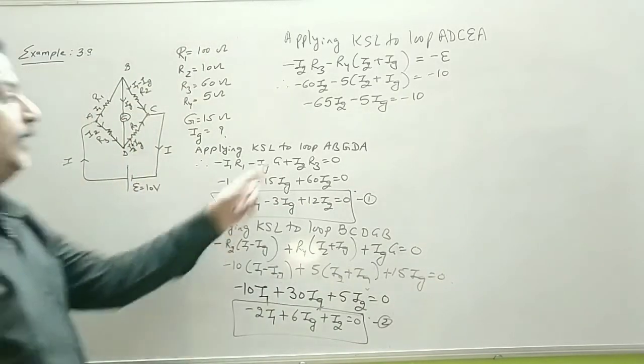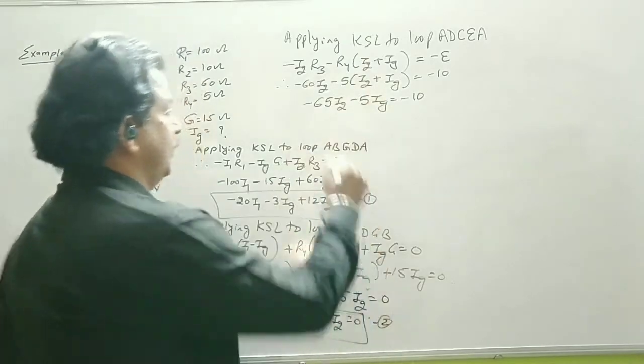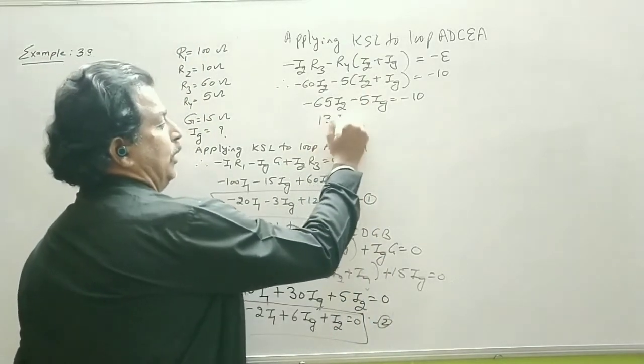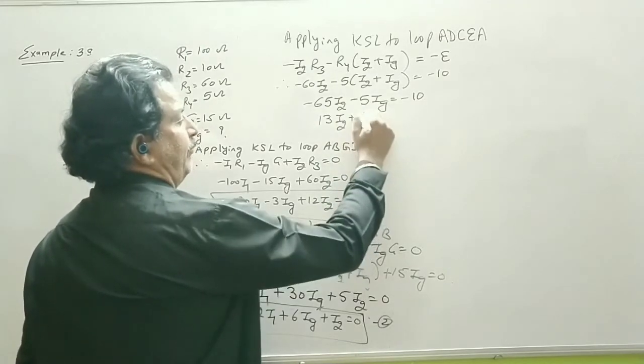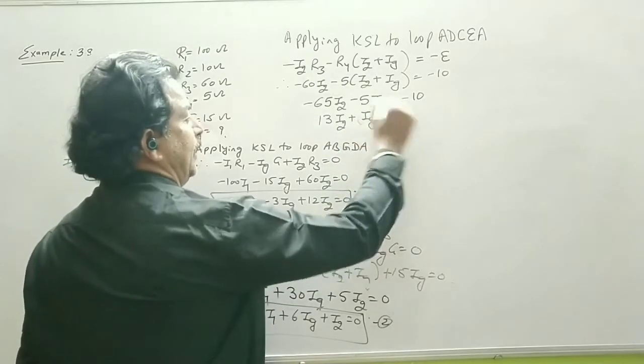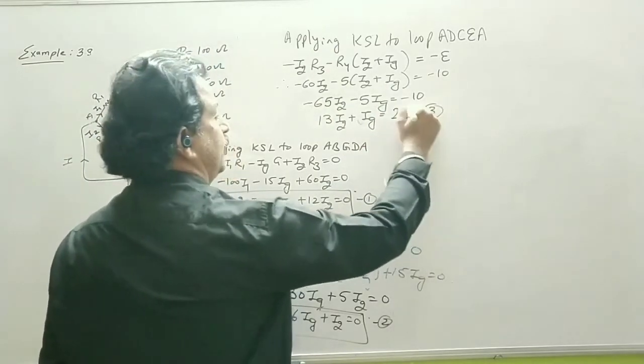Divided by 5, and minus is common, so 13 I2 plus IG, the minus cancelled, equals 2. This is my equation number 3.